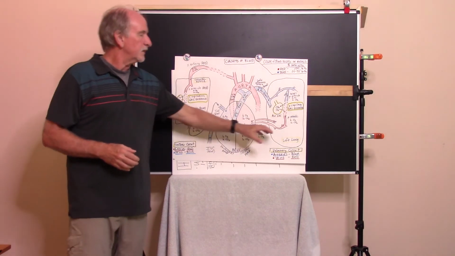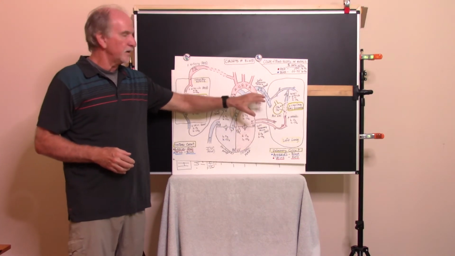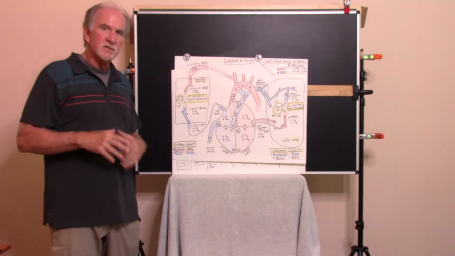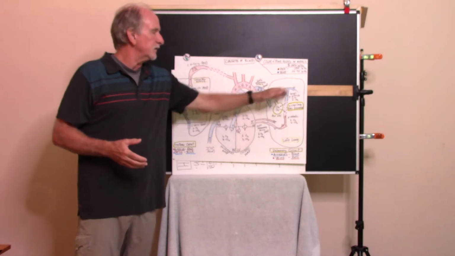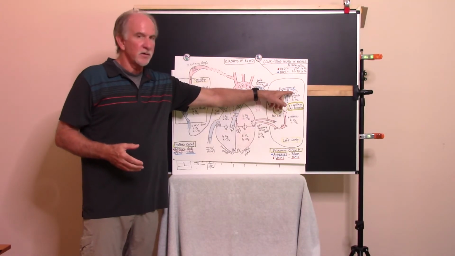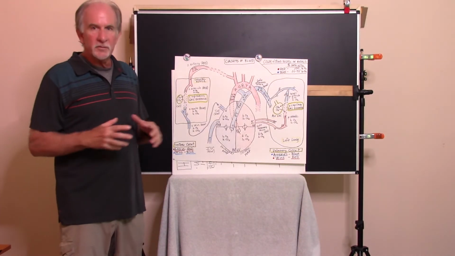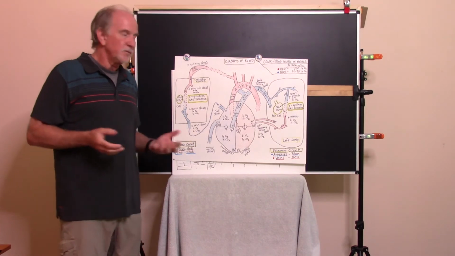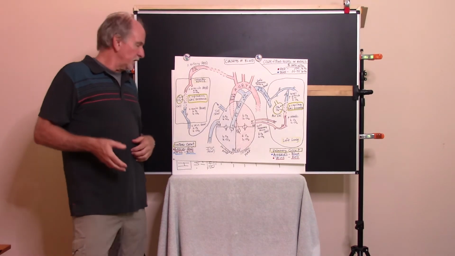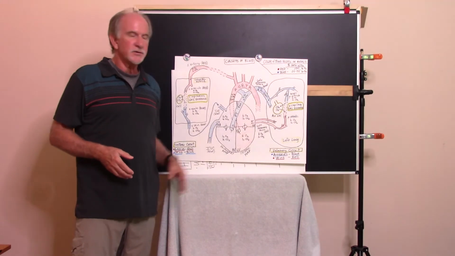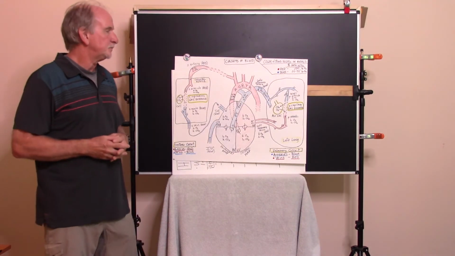So within the left lung, the left pulmonary artery branches repeatedly into smaller and smaller arteries that eventually lead to pulmonary arterioles. Pulmonary arterioles are colored blue because they're carrying blood that is low in oxygen and high in CO2.